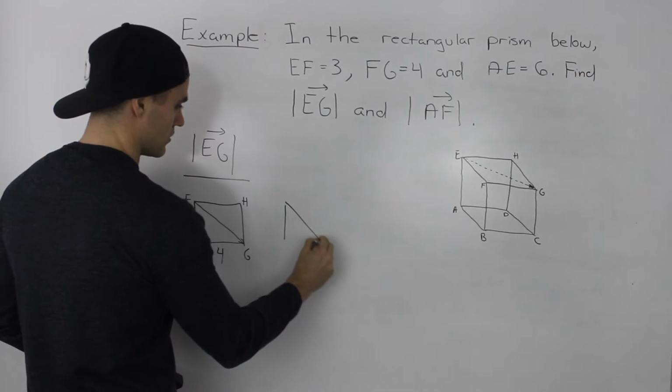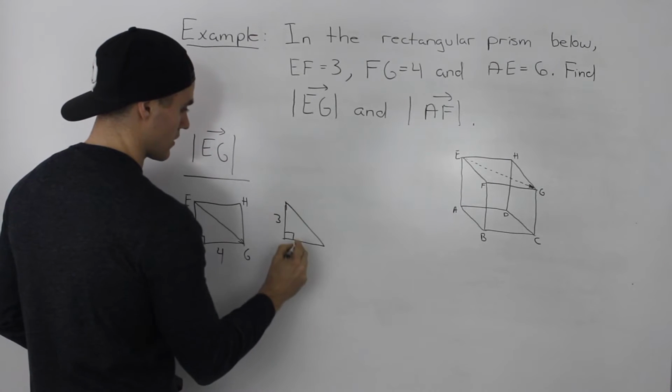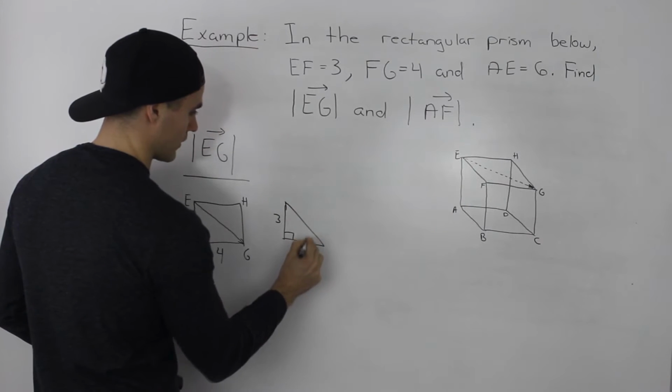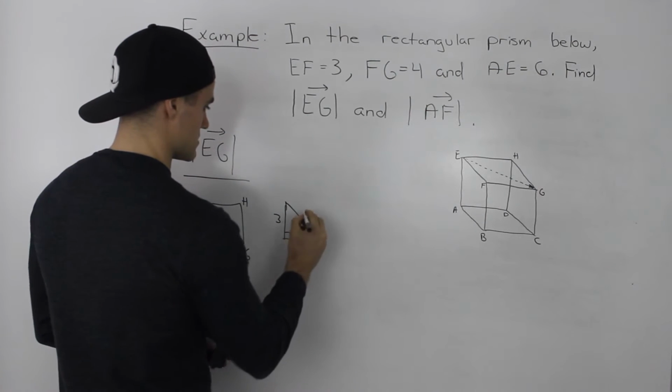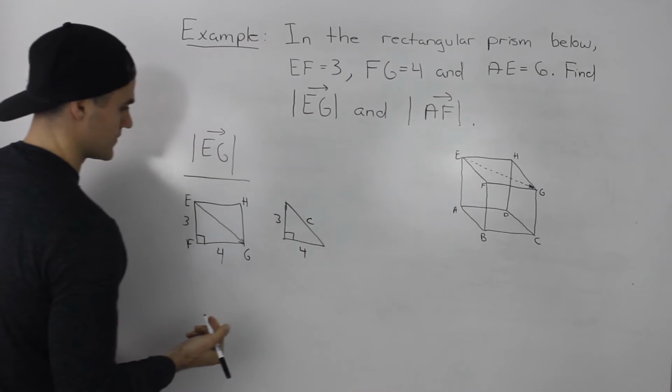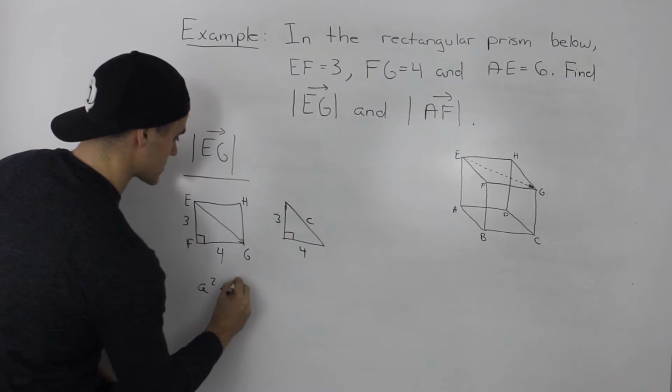Right? We have a right angle triangle with a length of 3 here and a length of 4, and we're solving for x, or let's just say c. So a squared plus b squared equals c squared.